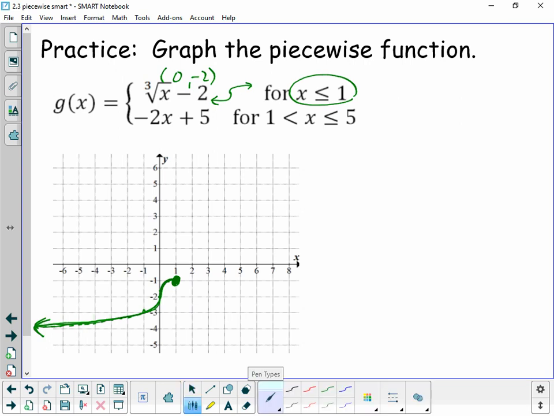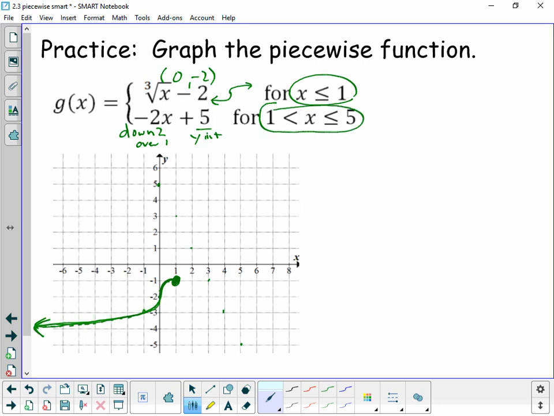Okay, the second part of this is a line. 5 is the y-intercept. Here, -2 is the slope, so the slope is going down 2 over 1, down 2 over 1, down 2 over 1, and dot that in, so you can see where it's located, and then think about which part you want to keep.